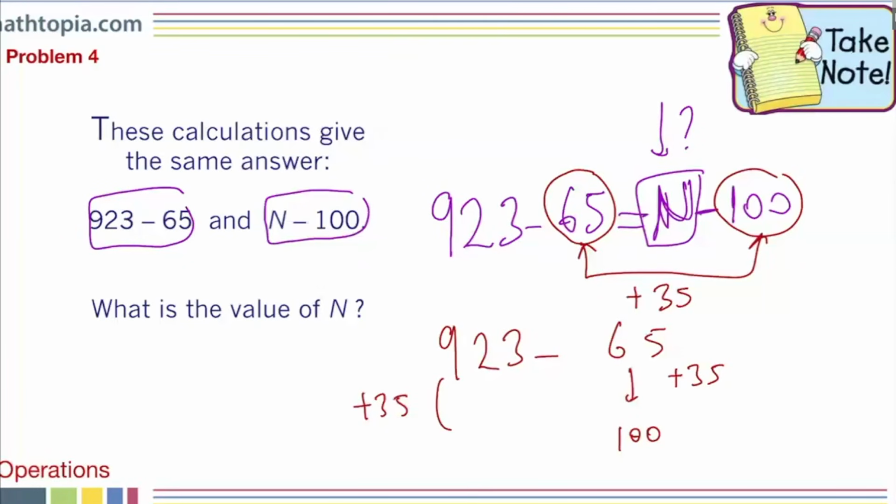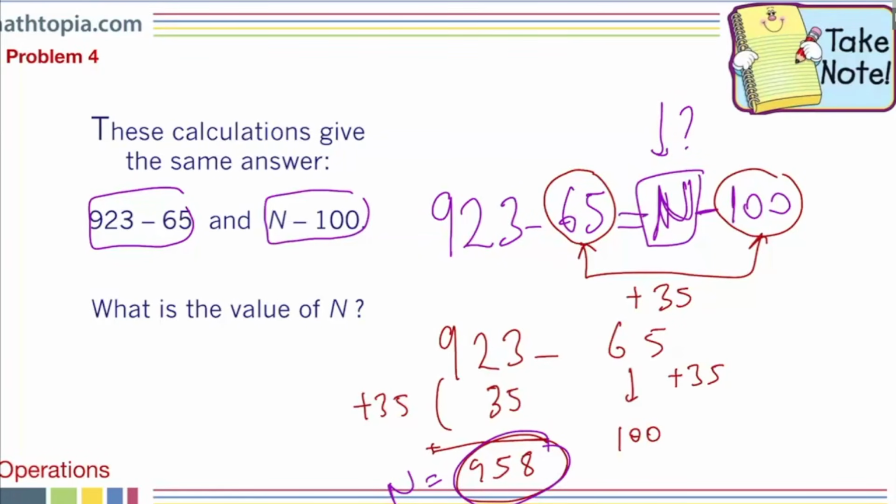Yes, Sarah, it becomes 958. And this is going to be the value of n, right? 958. So the difference between these two numbers should stay the same, right?